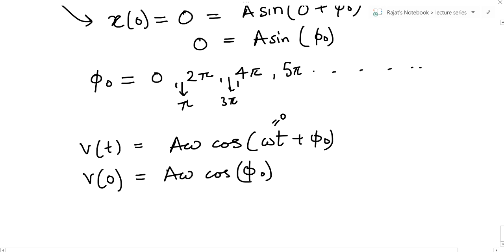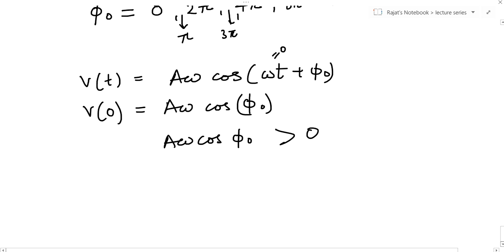We know that at t is equal to 0, the velocity is positive, so this has to be positive. A omega is a positive number, so we have that cos phi naught is positive.